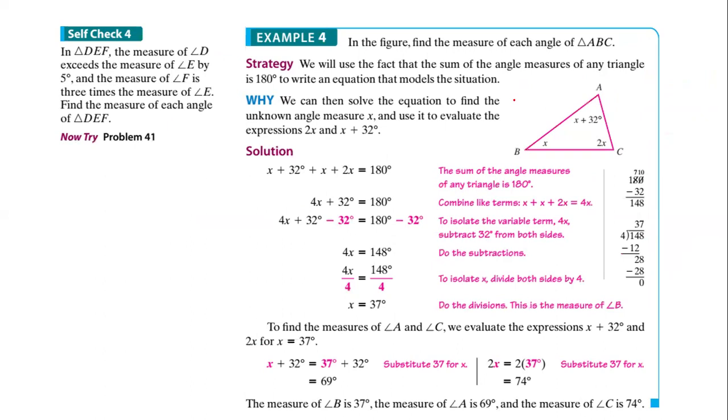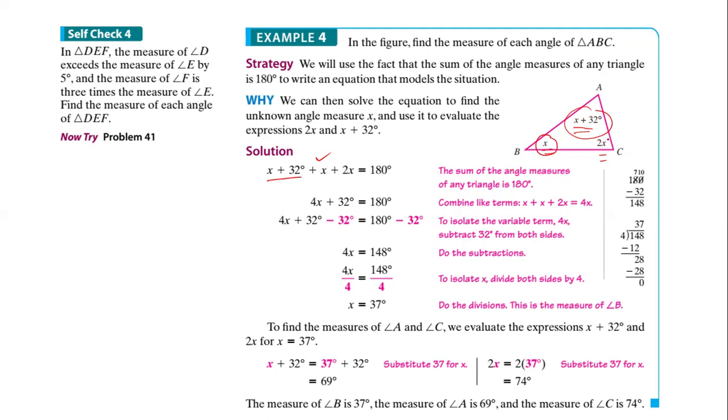Here is another example. You have to solve this one. In the paper, you will have a question like this one. Here there are three angles, this and the third one. You have to find all. For this, the first angle is x plus 32. The second is x.